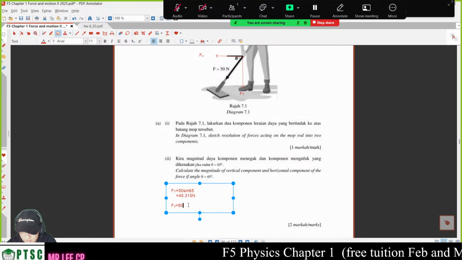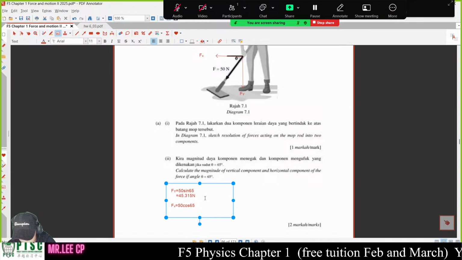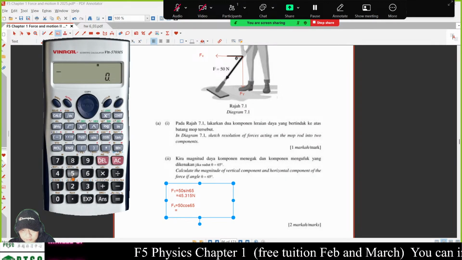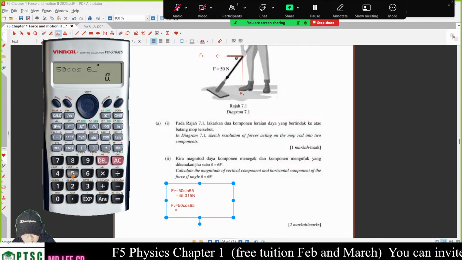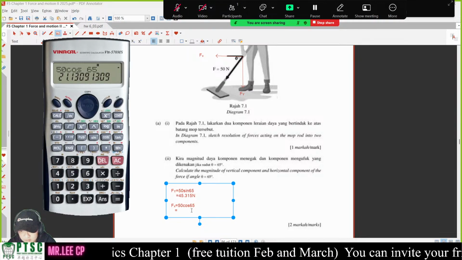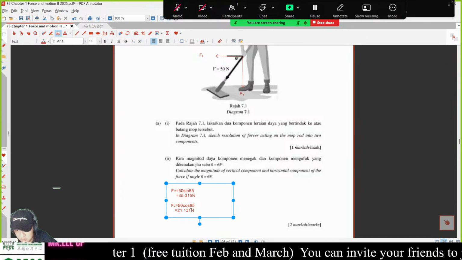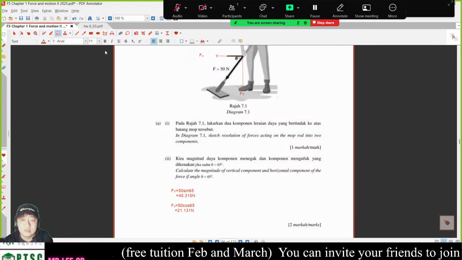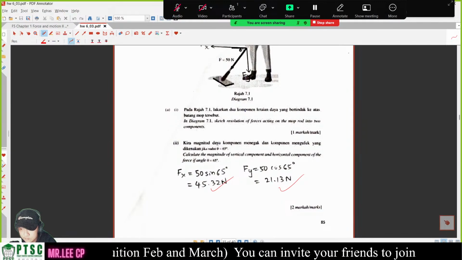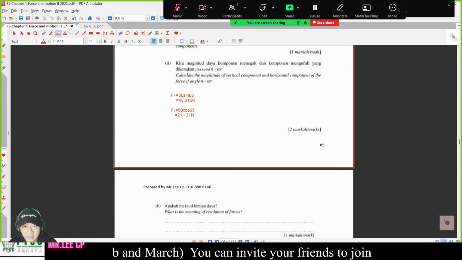So 50 cos 65 is 21.131 unit Newton. All right, so 2 marks only. Okay, yeah, correct, because I have marked this one for you already.